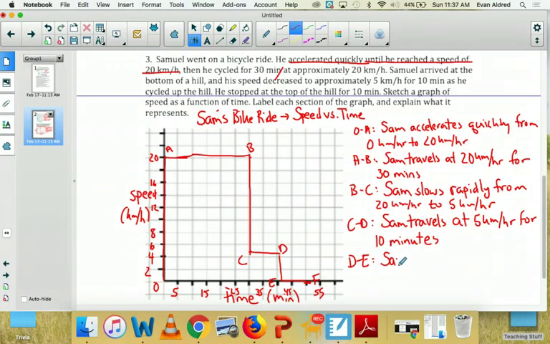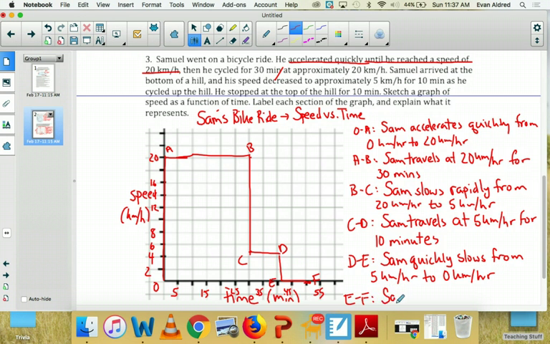So Sam quickly slows from 5 kilometers an hour to 0 kilometers an hour. And then E to F, our final segment, is when he rests for 10 minutes.